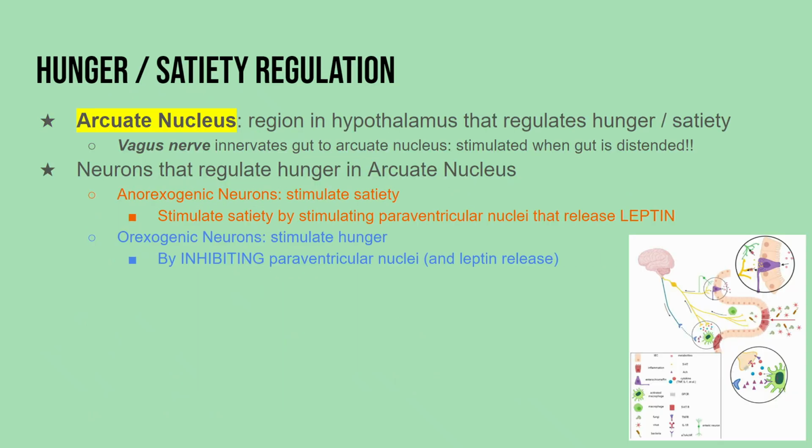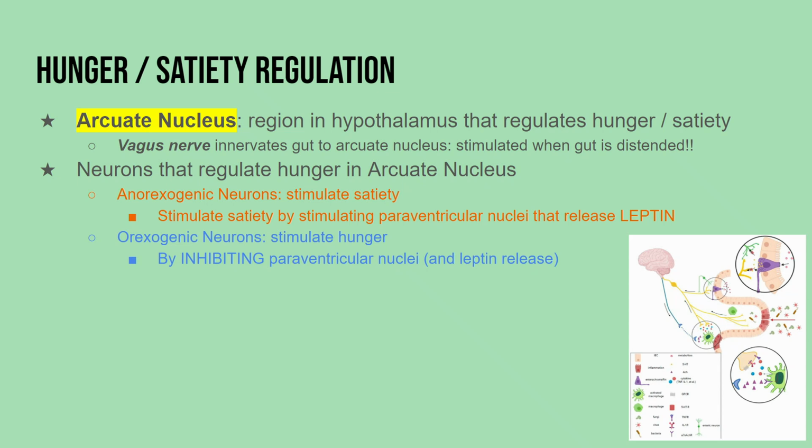Okay, so this is where the hunger and satiety regulation comes in. The arcuate nucleus is a region in the hypothalamus in the brain that is responsible for regulating hunger and satiety. The way it works is that there's a nerve that goes all the way from the arcuate nucleus in your brain to the gut.